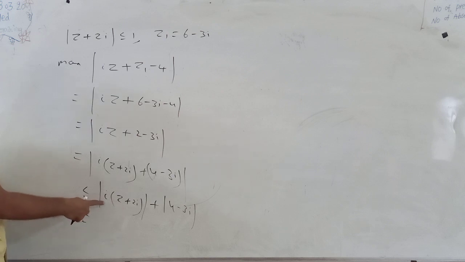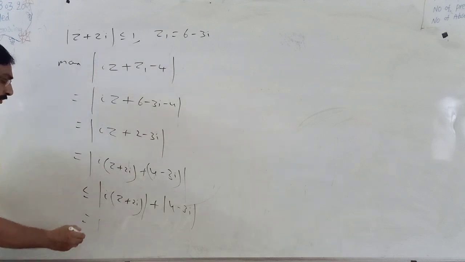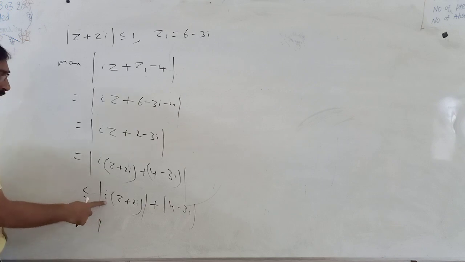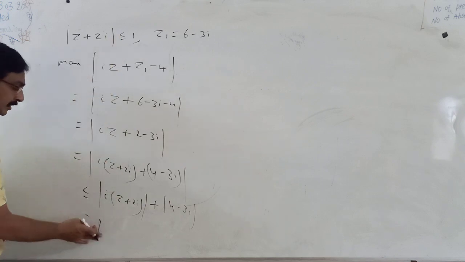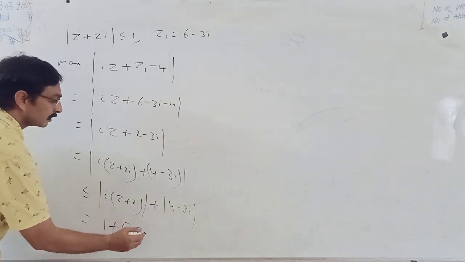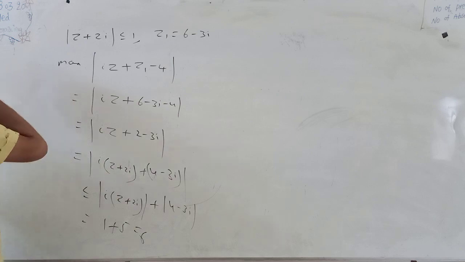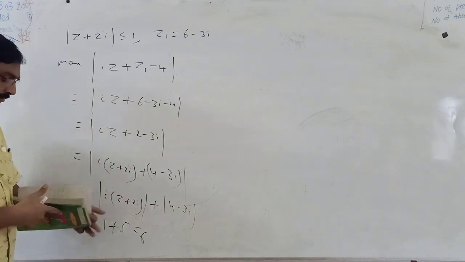Mod i is root of 0 square plus 1 square, 1. Modulus of that one is given, that is less than or equal to 1. Mod i value is 1. Modulus of this one is less than or equal to 1. And clearly modulus of that one is 5. So this is less than or equal to 6, which means the maximum value of that one is 6.